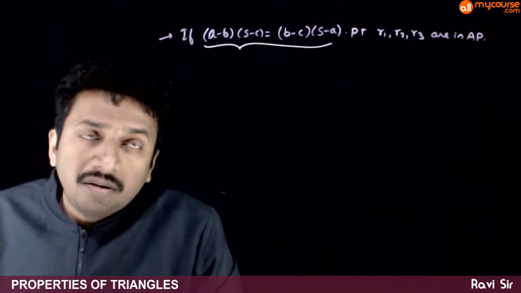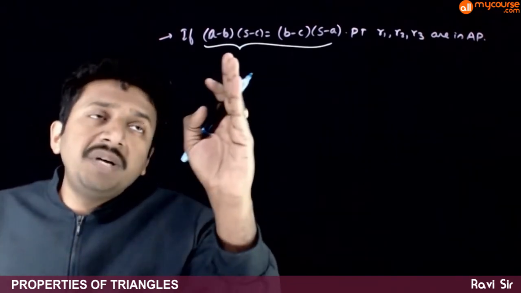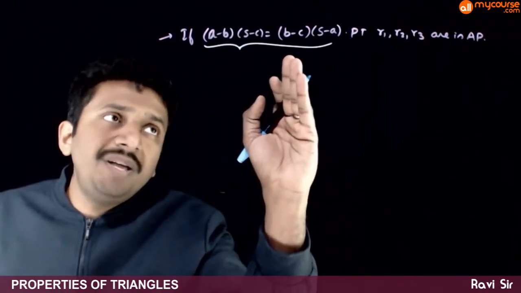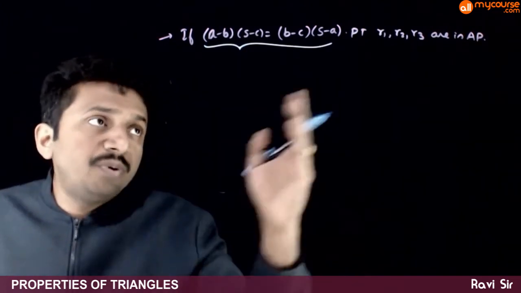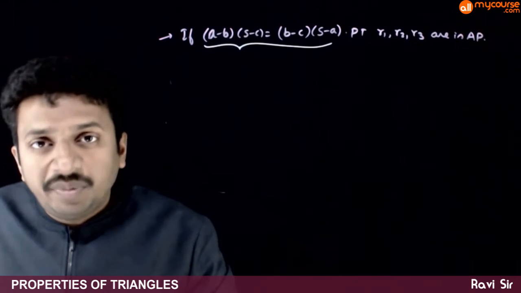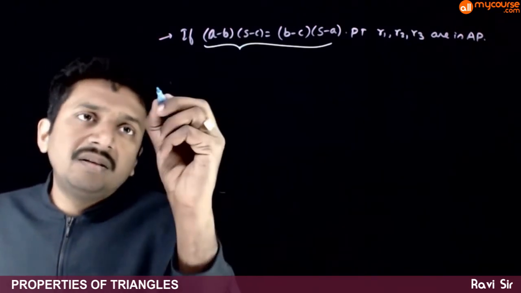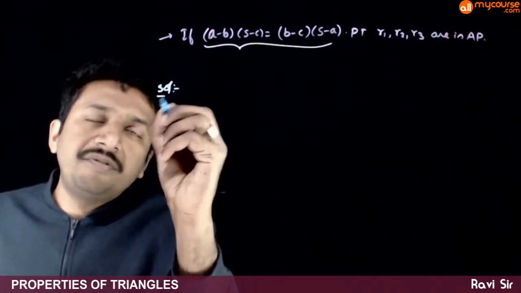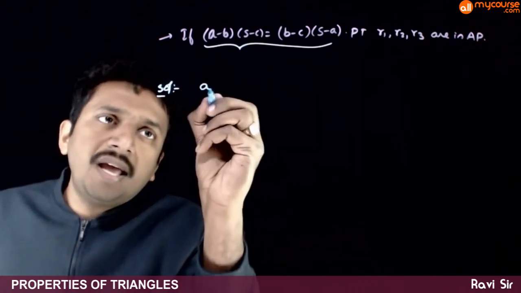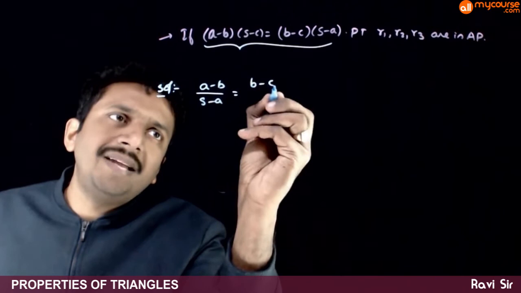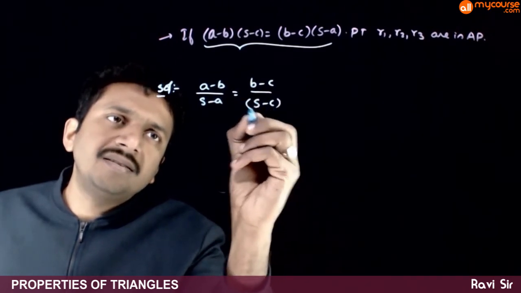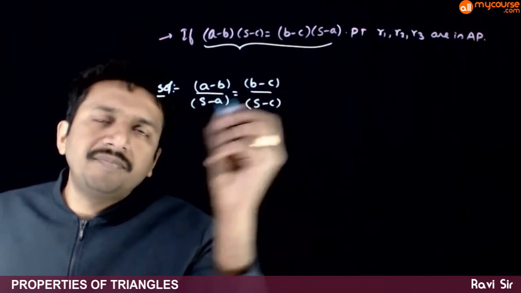So in this question, you're given that A minus B times S minus C is equal to B minus C times S minus A. And if that is so, you're asked to prove that R1, R2, R3 are in AP. So let us see how we can simplify this. So A minus B by S minus A is equal to B minus C by S minus C. Right?